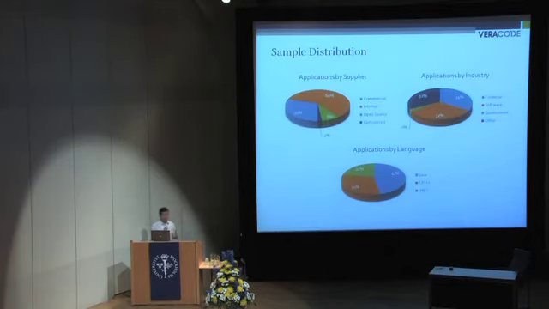So quickly, this is the distribution of the applications that were in the data set. There are a few things that I want to point out. Number one, if you look at the supplier graph in the upper left, 60% of the applications were internally developed, 30% were commercial, and in this case, commercial generally means ISVs.